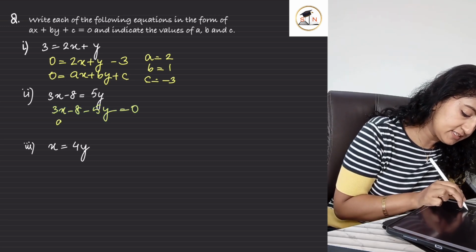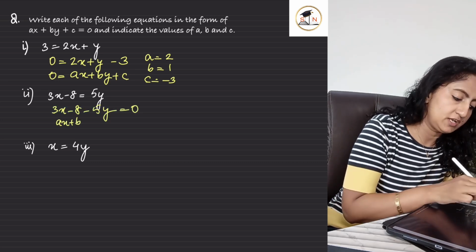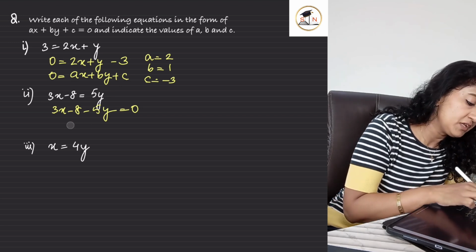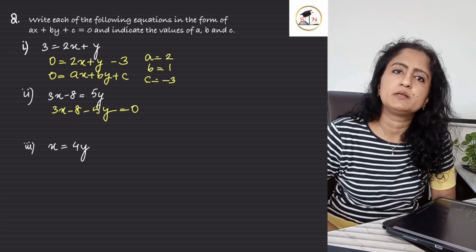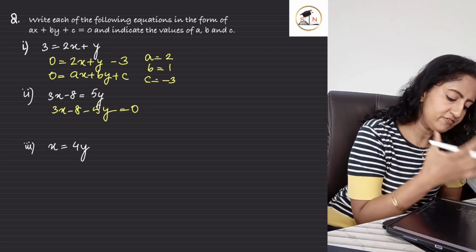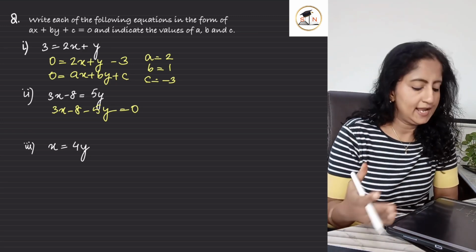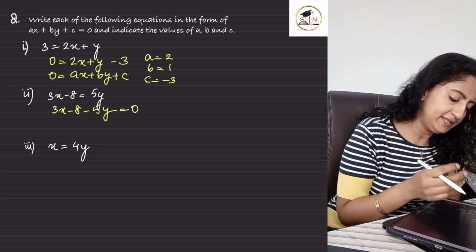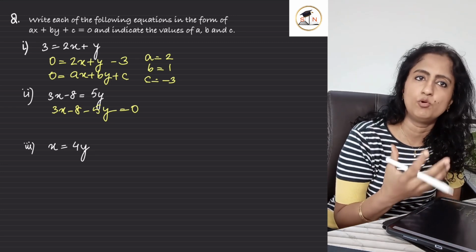Okay, sorry, I haven't reduced it in the standard form. Why is it not in the standard form yet, though everything is on the same side? Because we have x, then we have the constant, and then we have y, right? So that means we need to shuffle them a bit more.